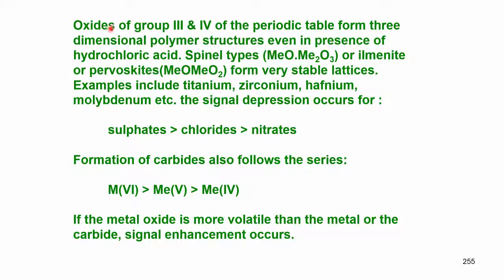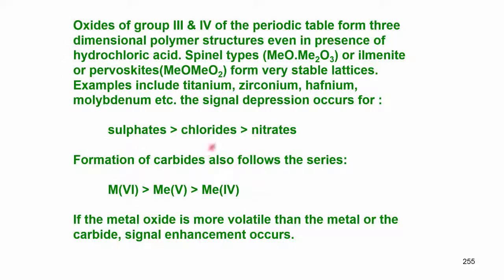So, the signal enhancement occurs, but if it is a carbide, decrease in the signal will occur. So, such insights we can get depending upon the properties of the elements, but these elements are the concomitant elements. They could be there along with the sample or they may be independently also.